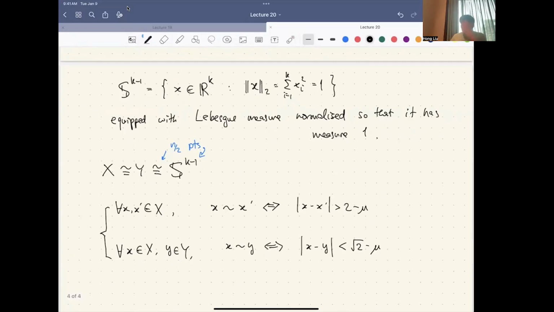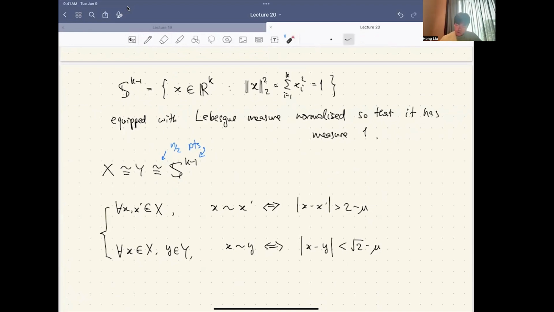Wait a second. Right. I think I made a mistake here. This should be square root, right? Well, let me just write this. Anything else?